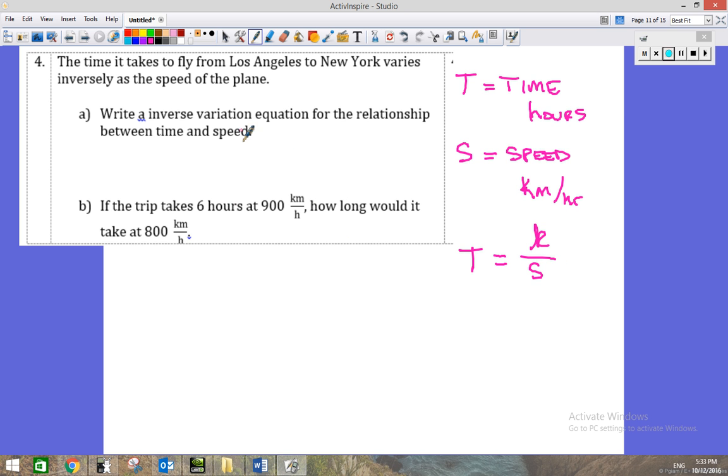So there it's not giving me enough information yet to determine what K is. So this could be my equation. But then down here, it gives me enough information to determine what K is. So let's do that. 6 hours. I don't know what K is, but the speed is 900 kilometers per hour. So isn't that 5,400?